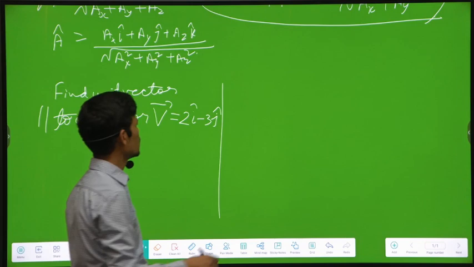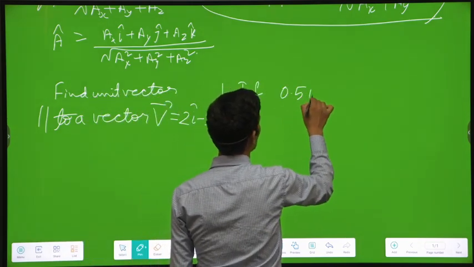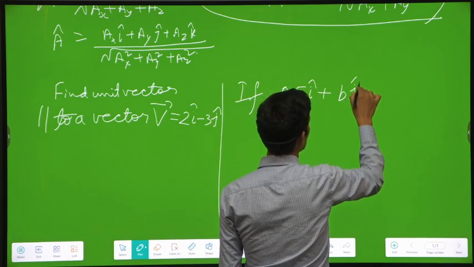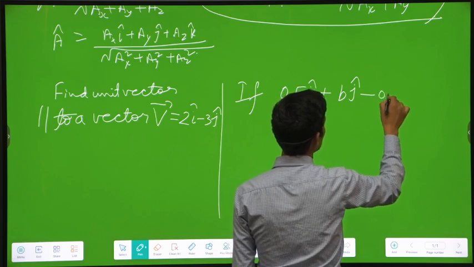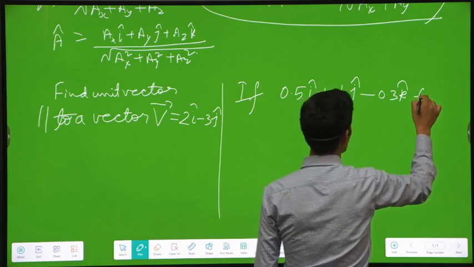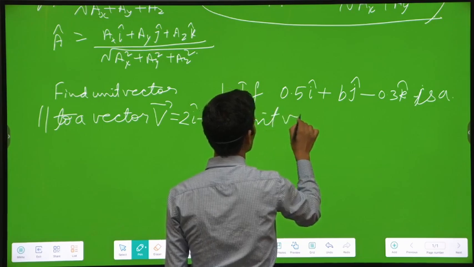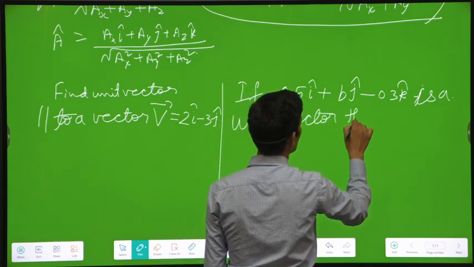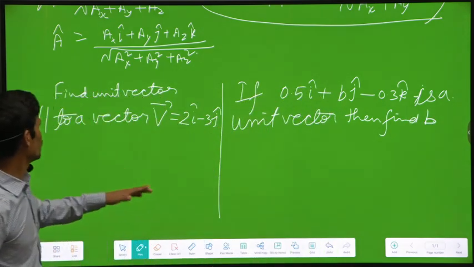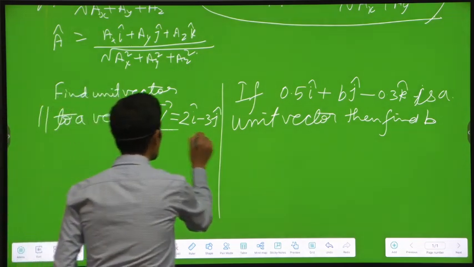And the other question is, if 0.5 i cap plus b j cap minus 0.3 k cap is a unit vector, then find b.